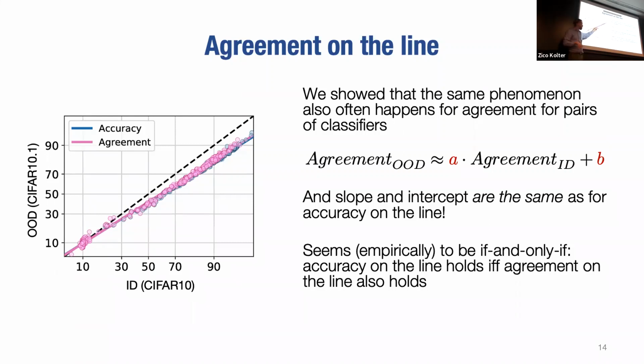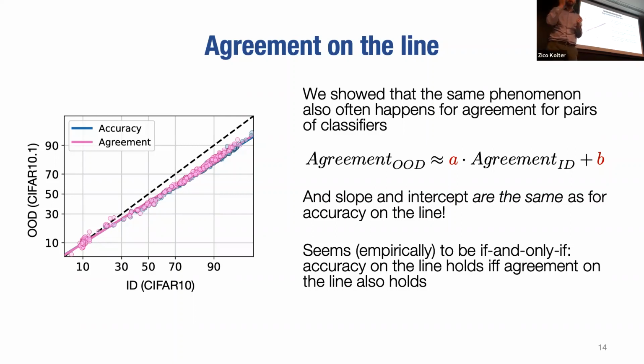Okay. But the point is that we can compute all of this without labels at all, right? Because we're just looking at the agreement of classifiers on my in-distribution test set and the agreement of classifiers on my out-of-distribution test set. And something kind of amazing happens. Two things happen that are kind of amazing. The first is that this also lies on the line.